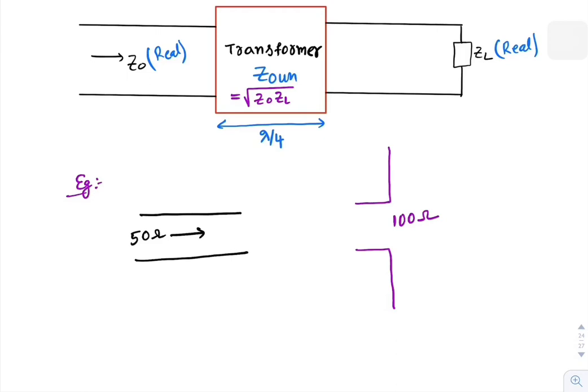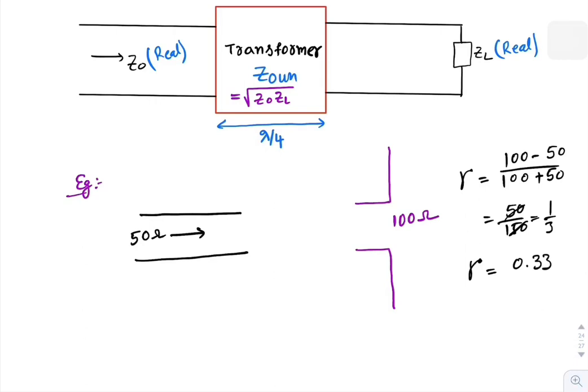If I directly connect these two, then the reflection coefficient value is equal to (100 minus 50) by (100 plus 50), that is equal to 50 by 150, that is 1 by 3. Therefore, reflection coefficient gamma equal to 0.33, which is a non-zero value now. That means definitely voltage standing wave ratio exists in this transmission line.